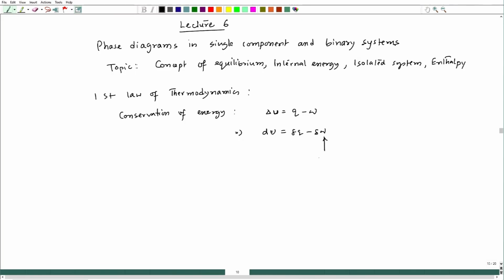The assumption is whatever work component we have, those work component only contains mechanical work. Other work forms like magnetic, gravitational, all those work forms we do not consider for understanding some of the basic concepts of this particular energy equation.